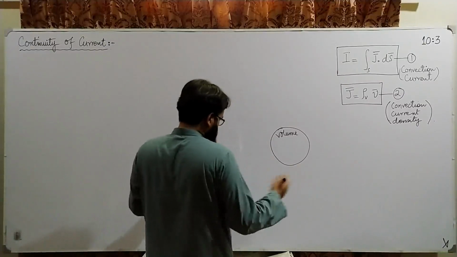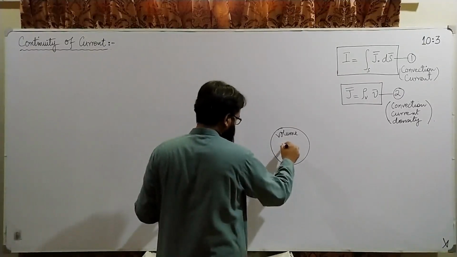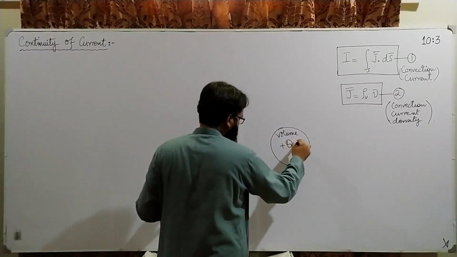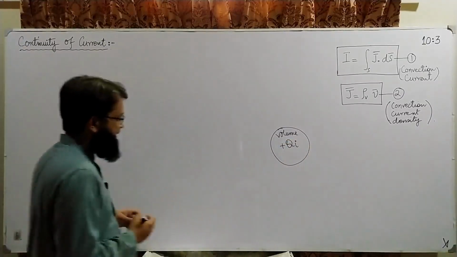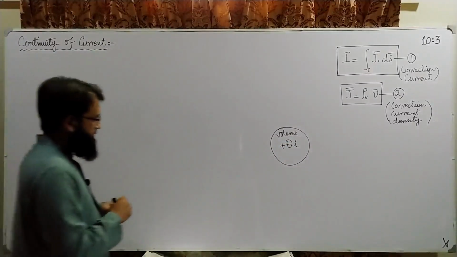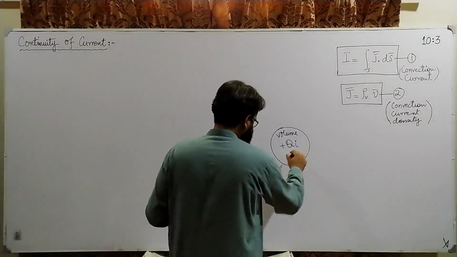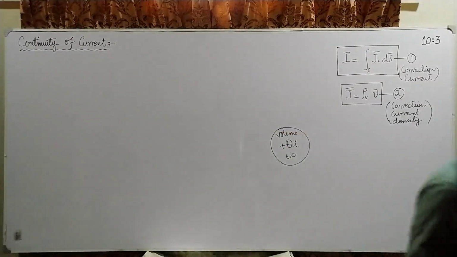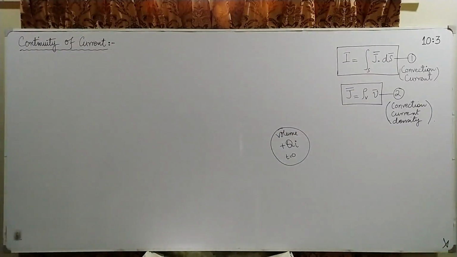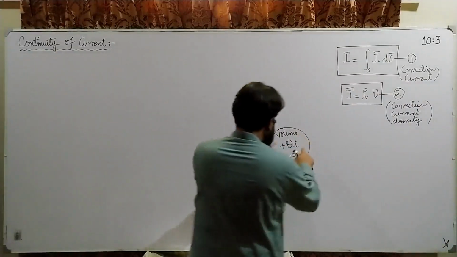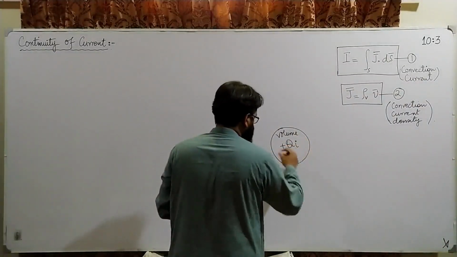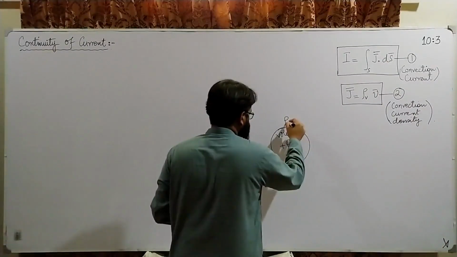And let's say I somehow inject positive charges, which I'm calling Qi, at time t equals 0. As soon as I inject these charges within this volume, I get a charge density within this volume, rho v.